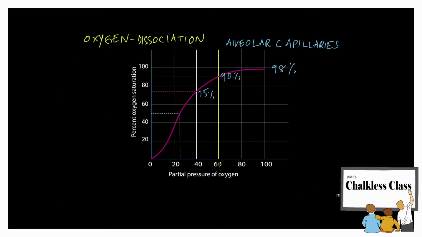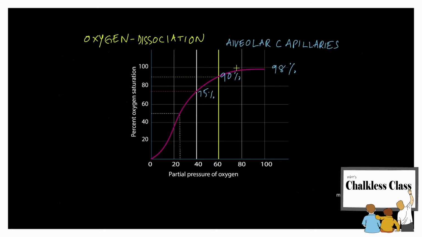Between 60 millimeter mercury and 40 millimeter mercury, the difference is 15%. When we take the difference between 100 millimeter mercury and 60 millimeter mercury, only 8% difference is seen. At 100 millimeter mercury, 98% saturation we can find. At 60 millimeter mercury, the saturation is about 90%.